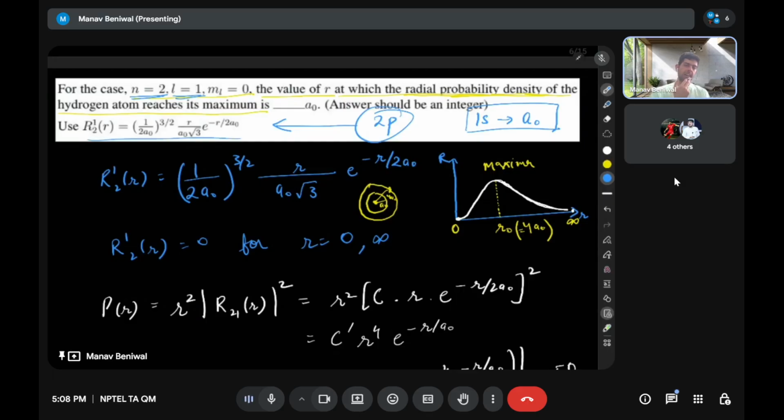They have given us both: the values of n and l, but also, for our convenience, the wave function directly. If they had not given the wave function, we would have looked it up and then solved this problem. There is no other use. The only use is in determining the wave function.